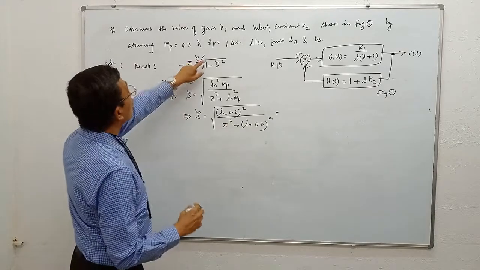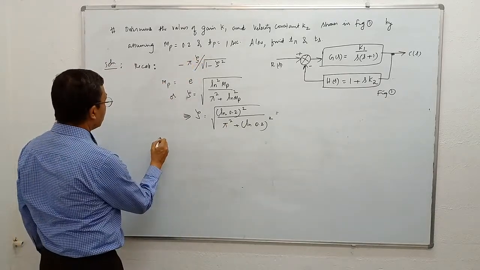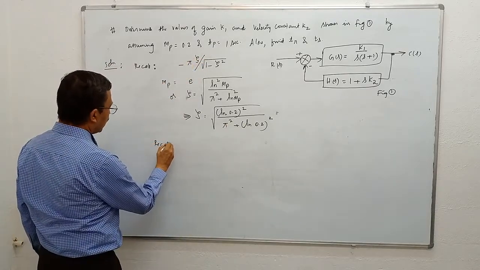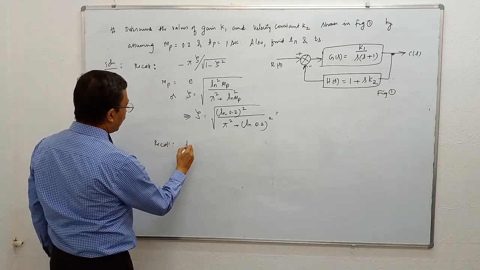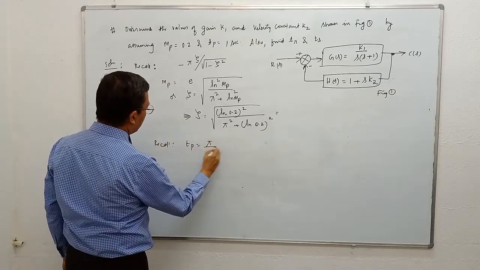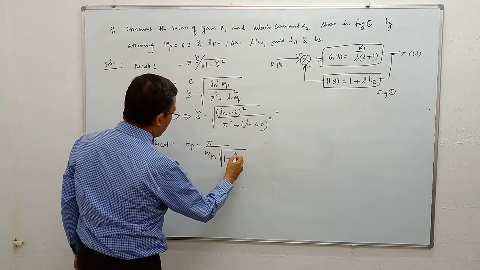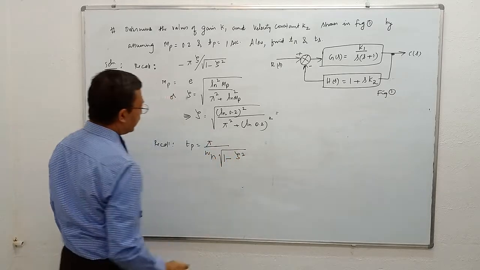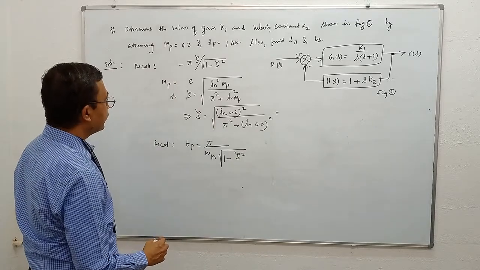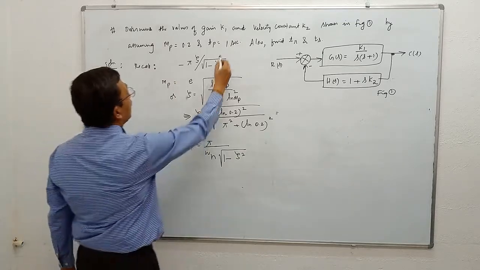Next we want to find what is omega n. Recall, formula for Tp is equal to what? Pi divided by omega n into square root of 1 minus zeta square. Tp is given as 1 second.